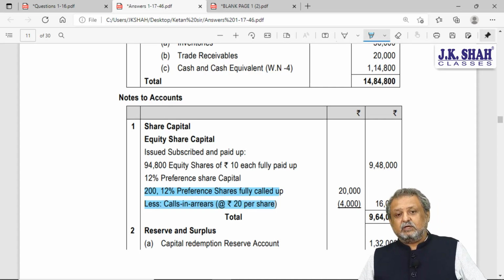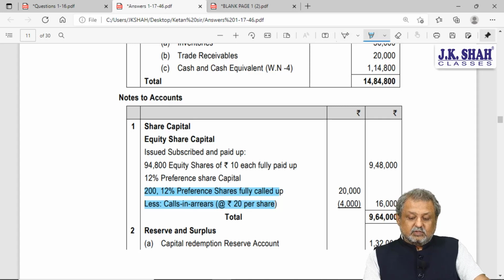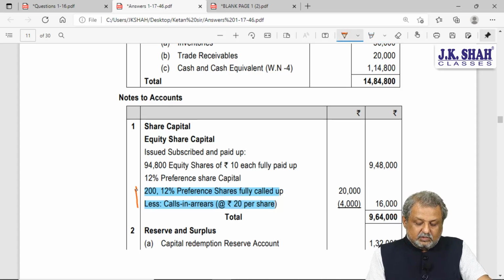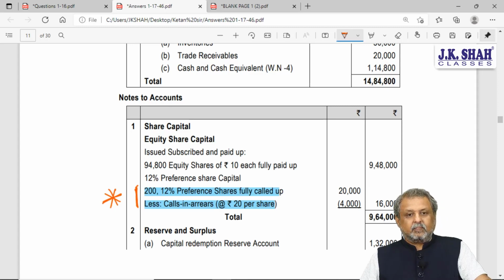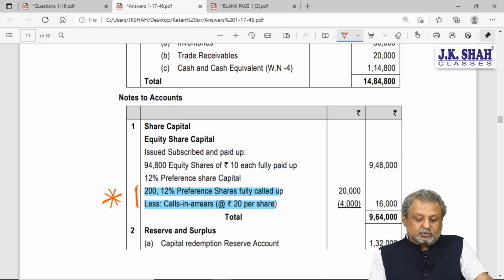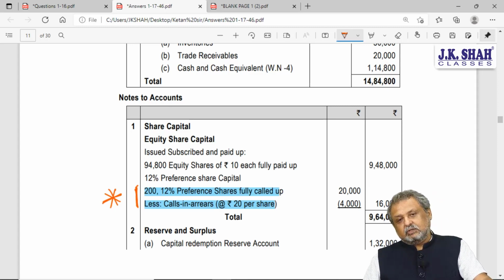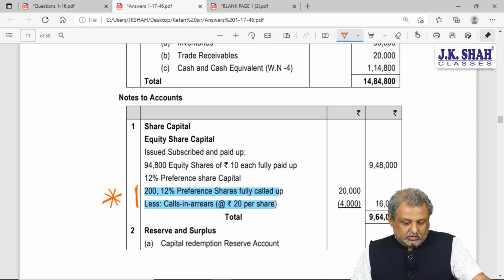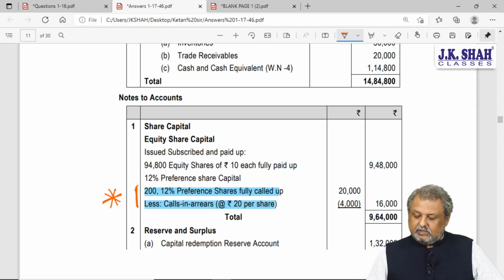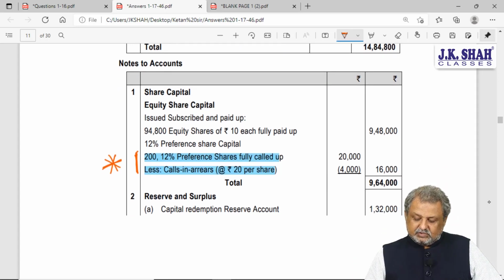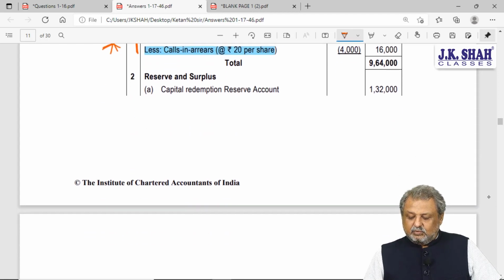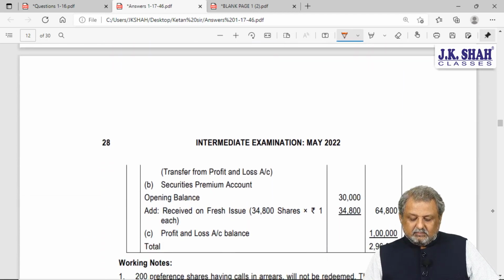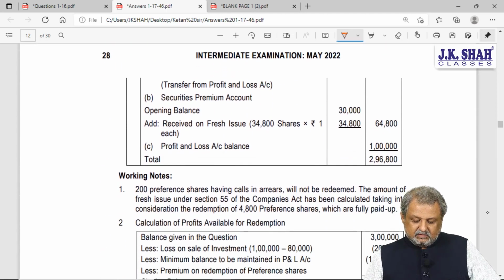So to this extent, this was a new point of RTP, that you are not supposed to touch the calls in arrears on 200 shares. They remain as it is. So that is with regard to redemption of preference shares. I believe once you do the journal entries, preparing the balance sheet from that is not so difficult.